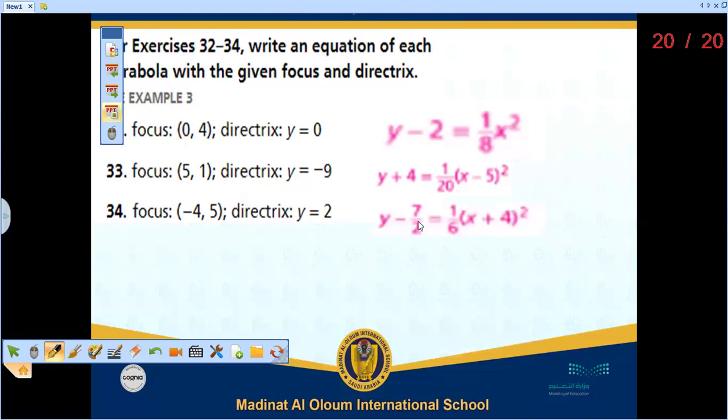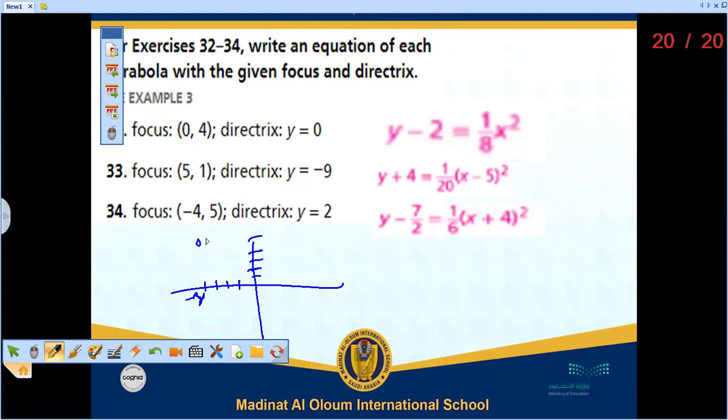This is 3.5. Let us see, guys, again. My vertex, this is negative 4. Negative 1, negative 2, negative 3, negative 4. And we rise 5. 1, 2, 3, 4, 5.